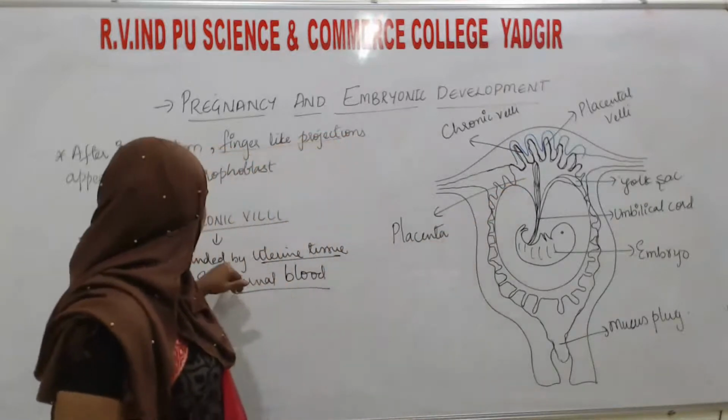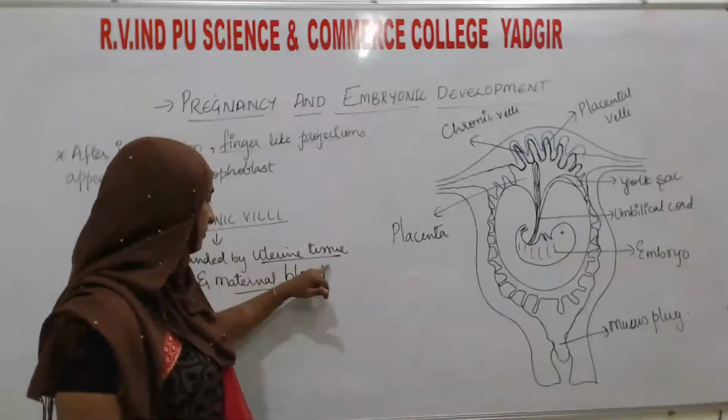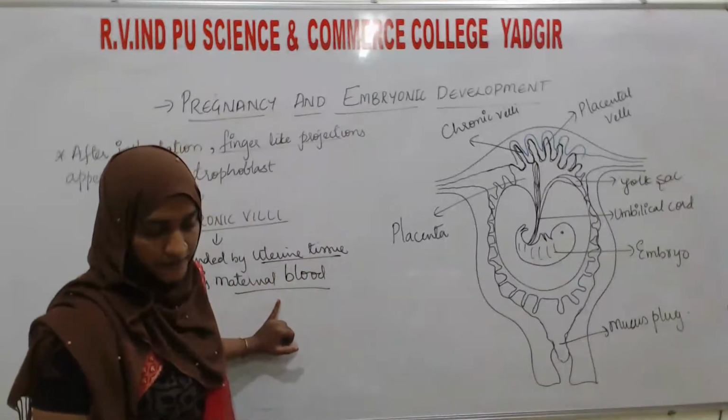Here you see chorionic villi are surrounded by uterine tissue and maternal blood.